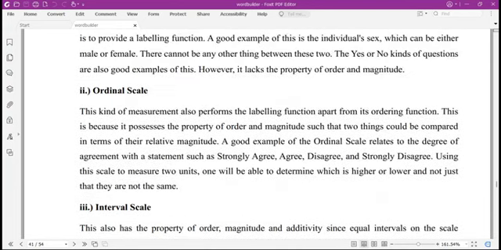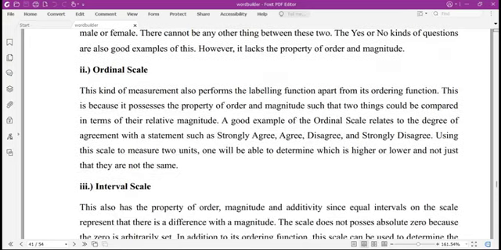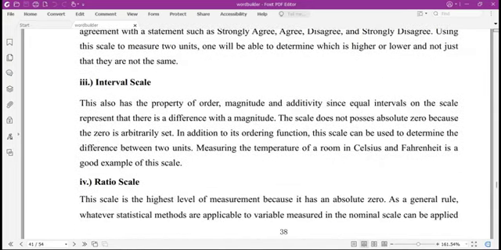Remember, our nominal scale is the least, the simplest. Our ratio scale is the highest because it has an absolute 0. You can see the difference between the ratio and the interval. The interval scale does not have an absolute 0, but the ratio scale has an absolute 0.